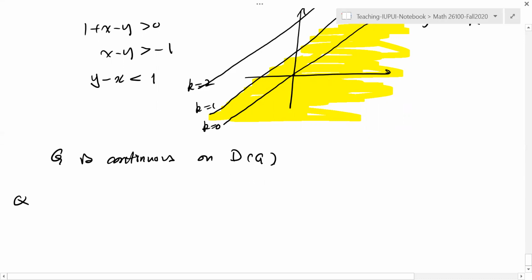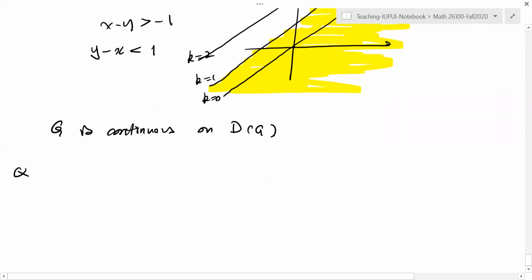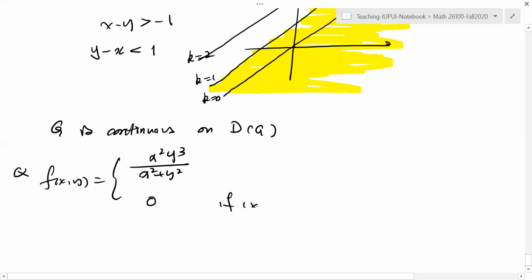Problem number 37, I'm going to use this one: x squared y cubed over x squared plus y squared. In the book, it also puts 2x here. So that is going to be 0 if x and y, we can determine what the value of k is, if x and y is not equal to (0, 0).